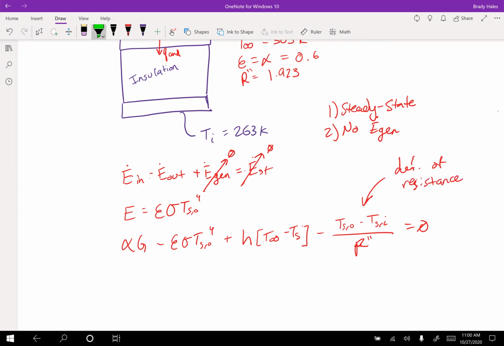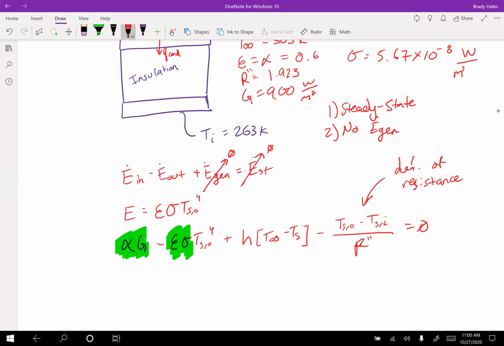Okay, so I'm going to highlight in green everything we know. We know alpha, we know G, that was given. Let me clarify that as 900 watts per meter squared. Okay, we're given epsilon, sigma is a constant, right? Where sigma is equal to 5.67 times 10 to the negative 8th watts per meter squared Kelvin to the fourth.